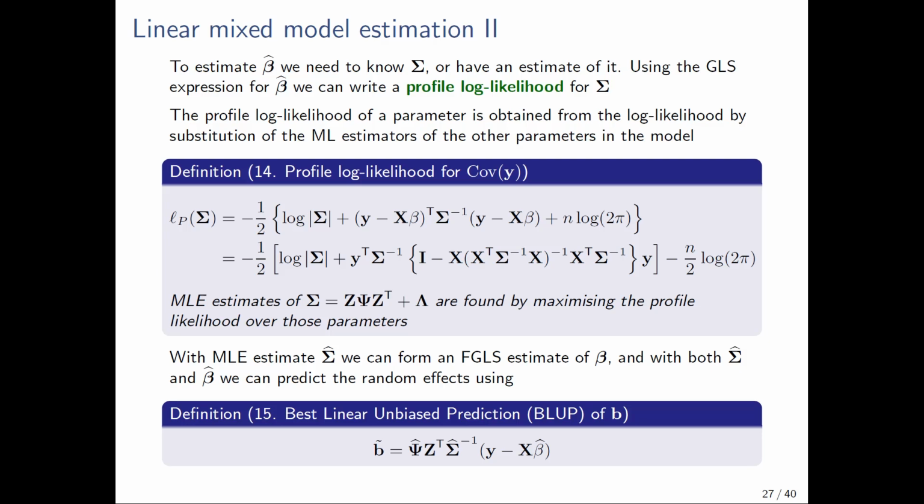So here, we take the GLS expression for beta hat and we plug it back into the log likelihood. And that gives us the expression in definition 14. And look at what's happened. Beta no longer appears in this model because we plug in our GLS estimate. The only unknown in this model is now sigma. Everything else is observed data.